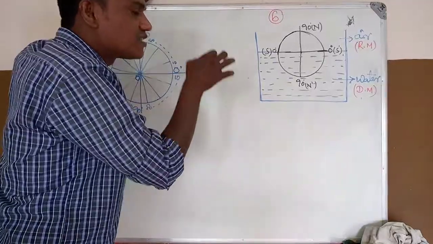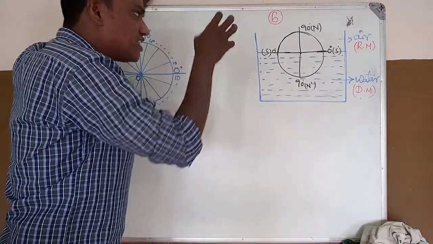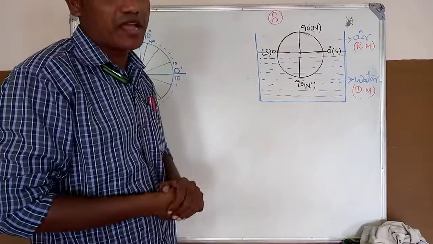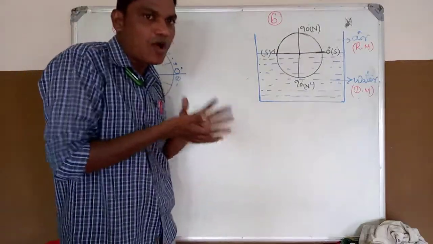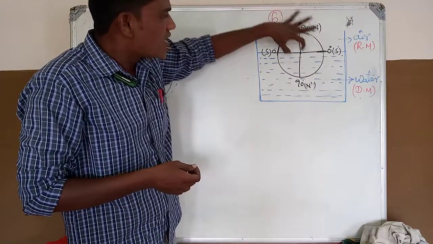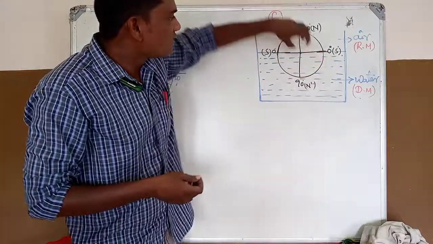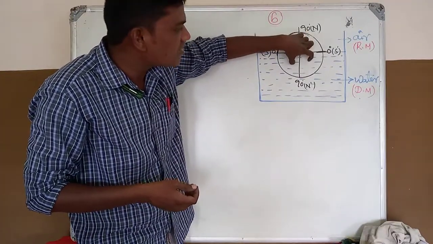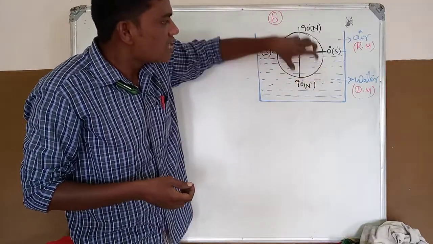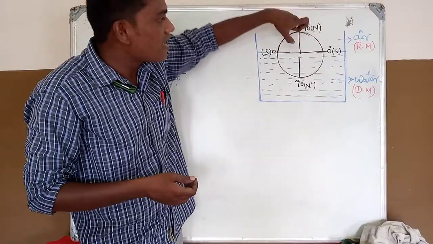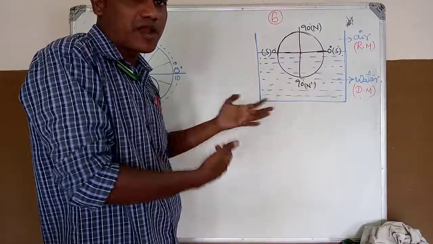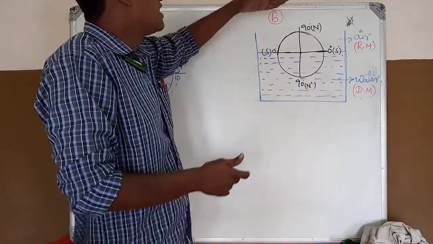That means the incident ray is in the denser medium and the refracted ray is in the rarer medium. In the previous video, I proved practically that when the incident ray is in the rarer medium and the refracted ray is in the denser medium, the angle of incidence is always greater than the angle of refraction, or the angle of refraction is always lesser than the angle of incidence. But in this one, our topic is not that. Our topic is light traveling from denser to rarer.